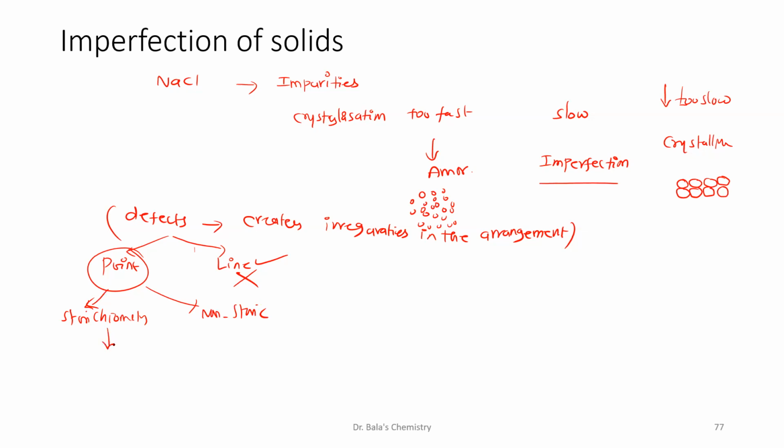In the stoichiometric, we have a number of classifications: vacancy defect, interstitial defect, Frenkel defect, Schottky defect. We even have metal deficiency defect and metal excess defect. We have a number of classifications.